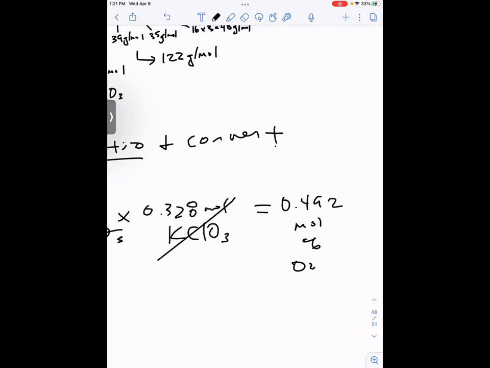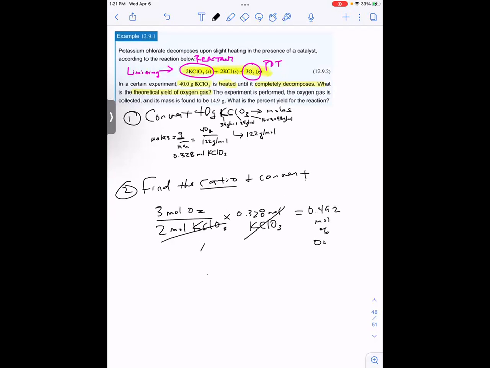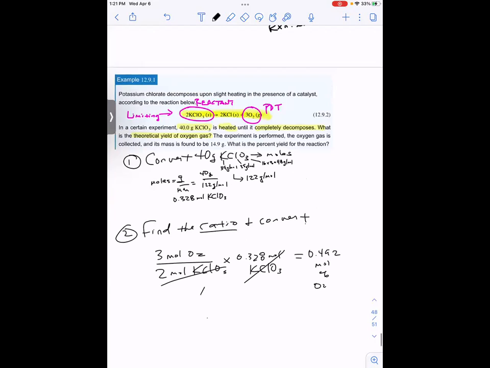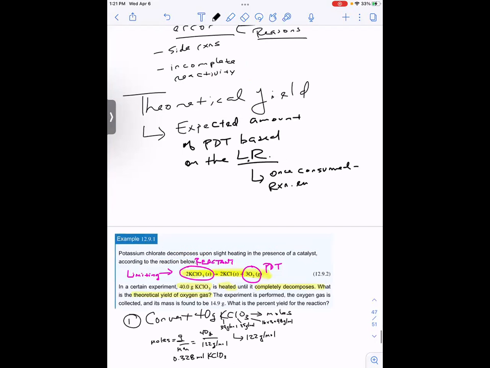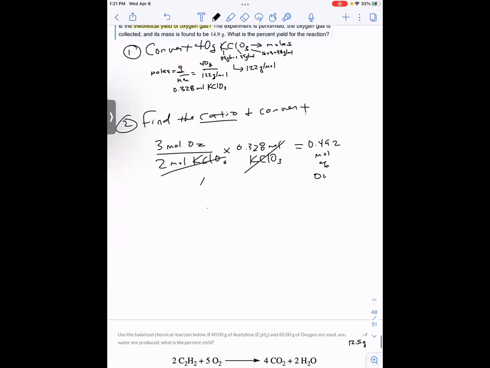Right? But that's not the end of the question. It asks, what is the theoretical yield? So up here, we said the theoretical yield was the expected amount of product, but we didn't say what that amount would be measured in, right? So the theoretical yield is always in grams.